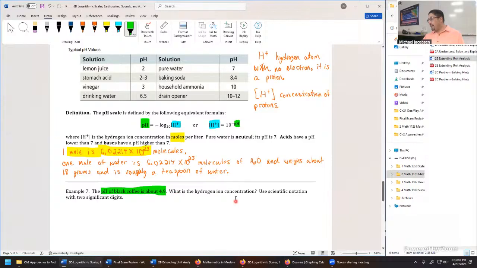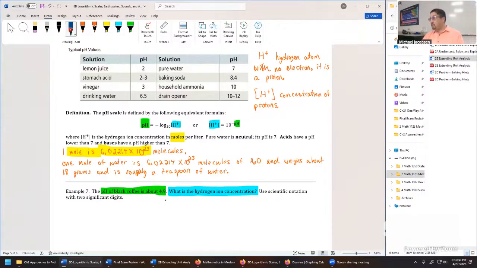We want to know what is the hydrogen ion concentration, which sounds like the most abstract statement ever, right? And it really is abstract. But if you're being asked what the hydrogen ion concentration is, it just means you use this formula where the red dot is, which is great because we have a number for pH. We can plug that in and answer this question immediately.